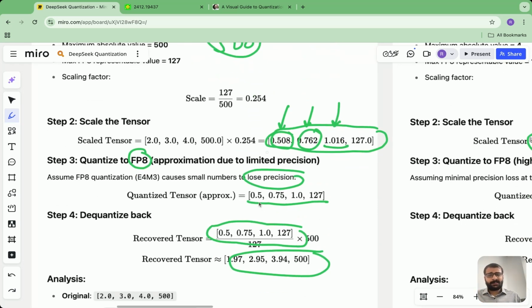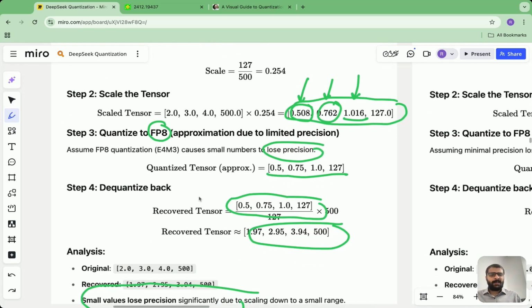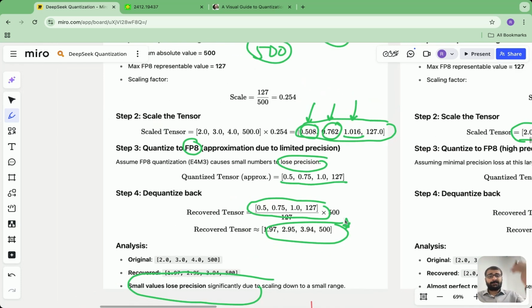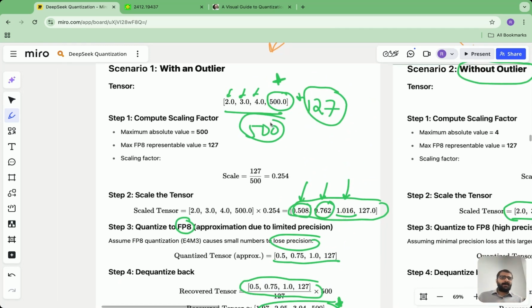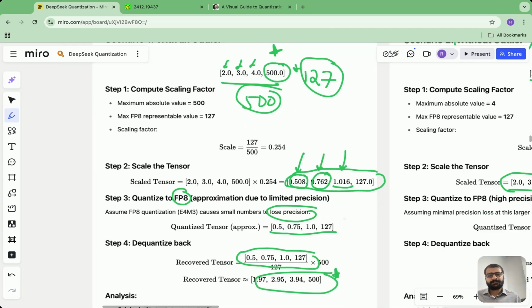So you have to represent them as 0.5, 0.75, 1. They lose their precision, and when we dequantize back, we get numbers which are not the same as the original numbers. That might affect the accuracy when I train my large language model. Ideally, I want my dequantized numbers to be the same as the original numbers.